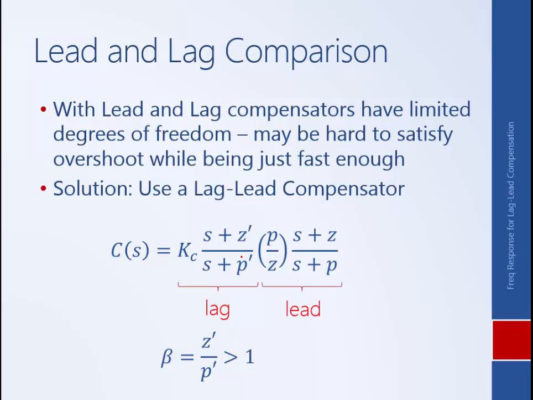We will then add to that a lead compensator, where this lead compensator has a DC gain of 1. So we'll do all of our DC gain change with the lag compensator. Same similar form, one zero and one pole. The only difference is that the zero is smaller in this case. So this is the basic form of the compensator we're going to design now.